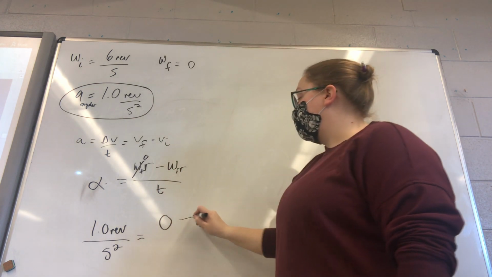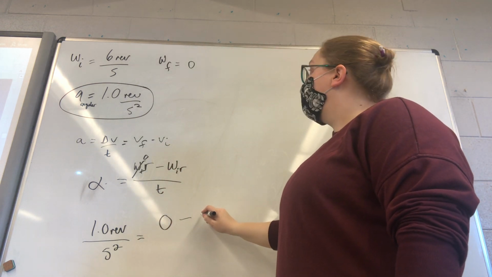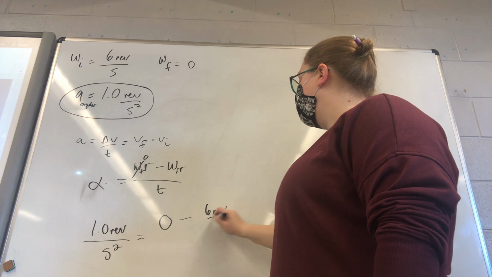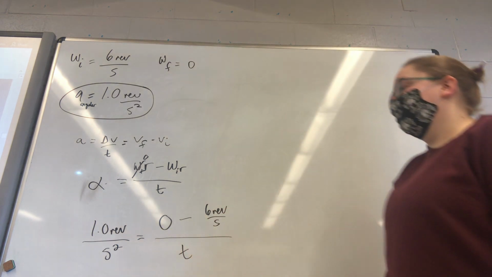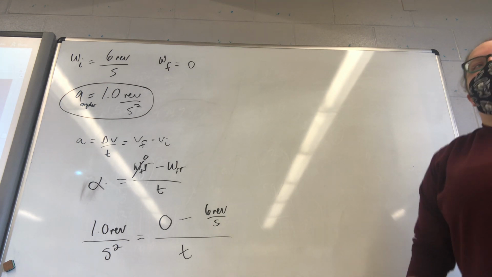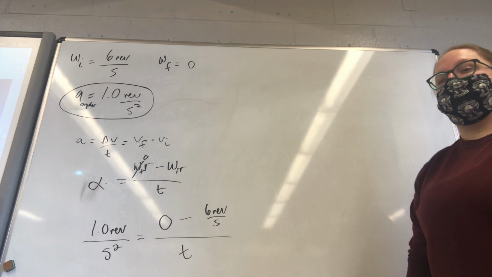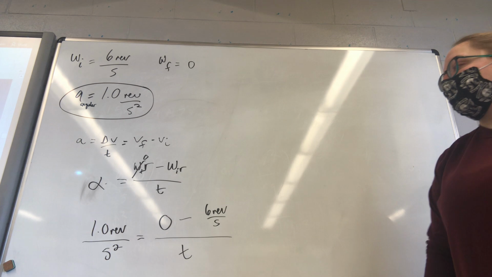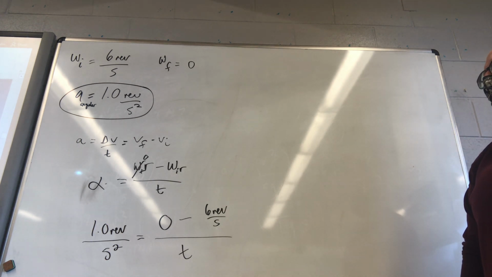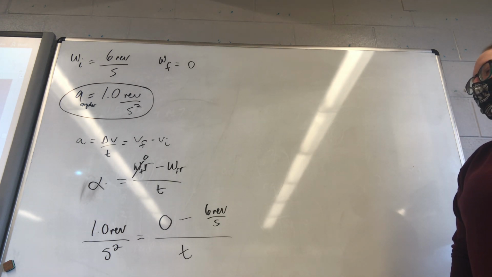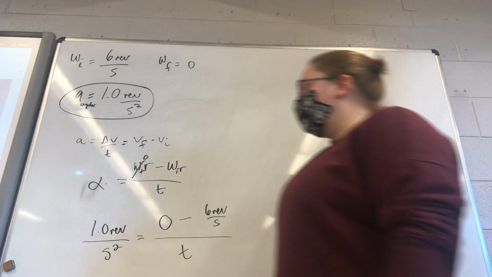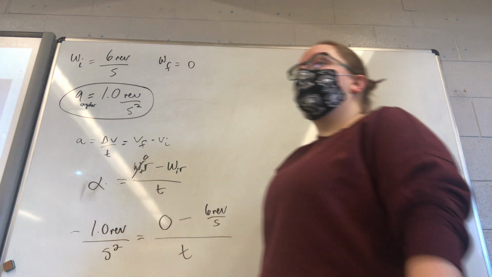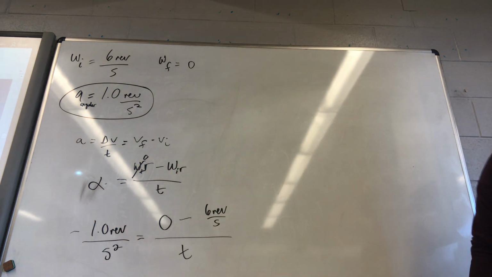Zero minus 6 revolutions per second over t. I mean, t has to be 6 seconds. But I digress. Shouldn't this also be negative if it's coming to a stop? Do we agree with that? Okay. We're doing good.